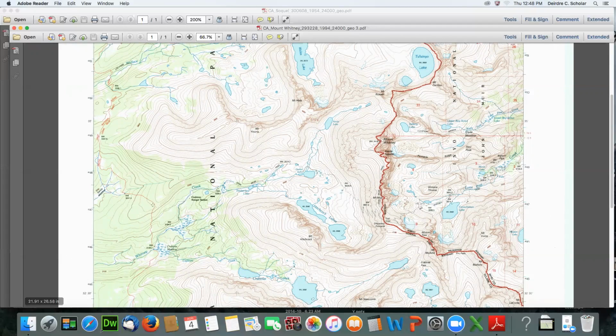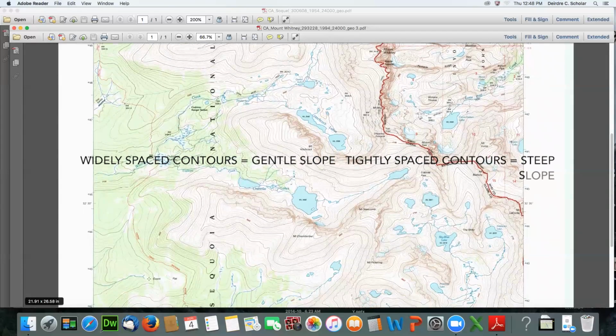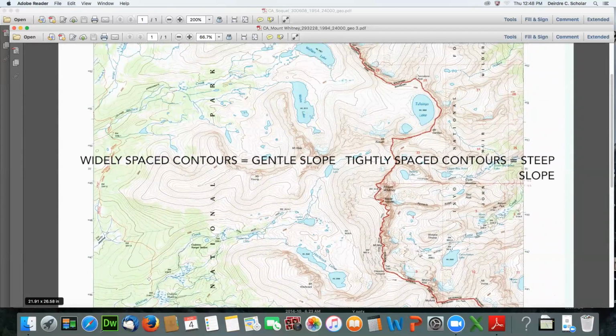Some of the flatter areas seem to be down around here, maybe over in this region here. So that's one of the really nice things about contour line spacing: it tells us a lot about what the slope of the land, what the steepness of the topography is like on the ground.